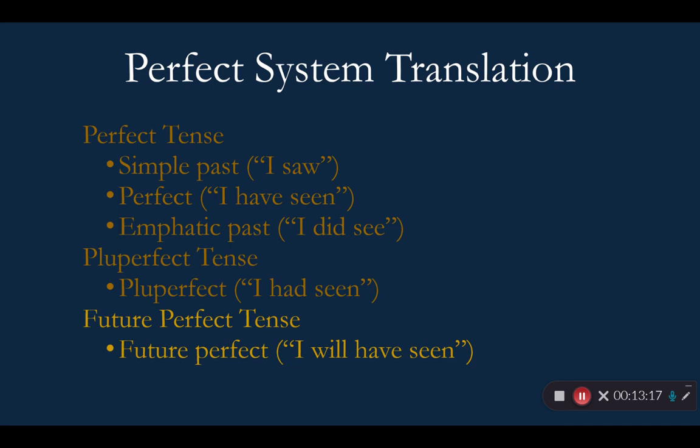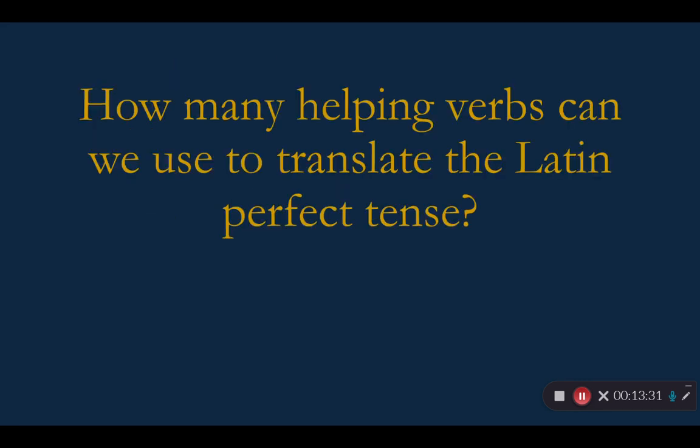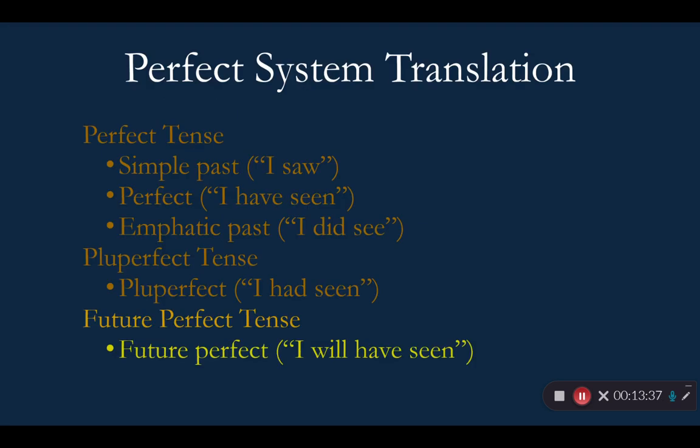You only have one option for translating the Latin future perfect tense into English. You just use the English future perfect tense. Now, the English future perfect tense requires 2 helping verbs, will and have. So you have 2 helping verbs for the future perfect tense, but you have to use them together.